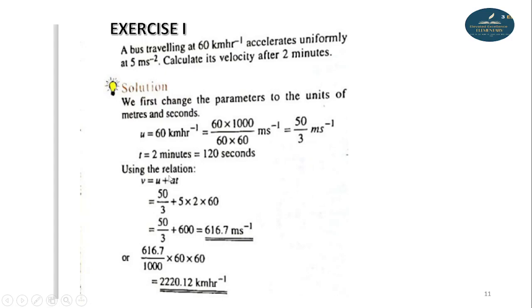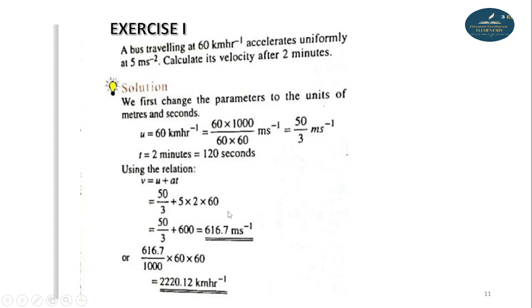So we have the final velocity equals initial velocity plus acceleration times time, and we have the initial velocity as 50 over 3 plus the acceleration, which is 5, times the time, which is 2 times 60, converted to a value in seconds. When this is solved mathematically, we get 616.7 meter per second.